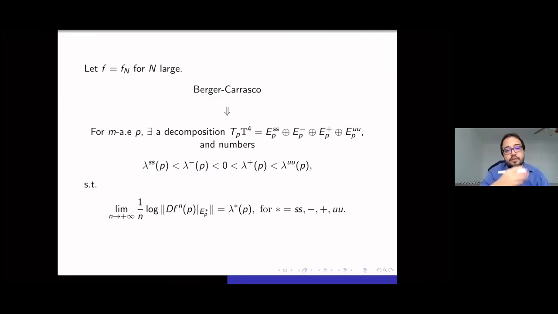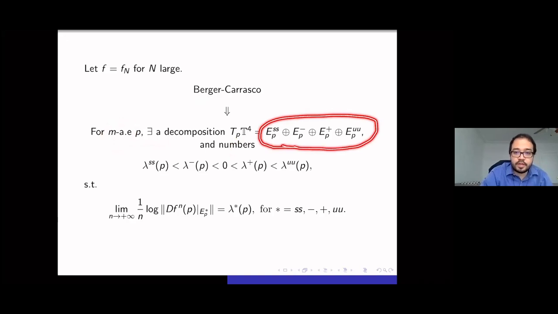In particular, if you combine this information with Oseledets' theorem, this tells you that for Lebesgue almost every point there exists a decomposition of your tangent space at the point P, which is given by the following four directions.